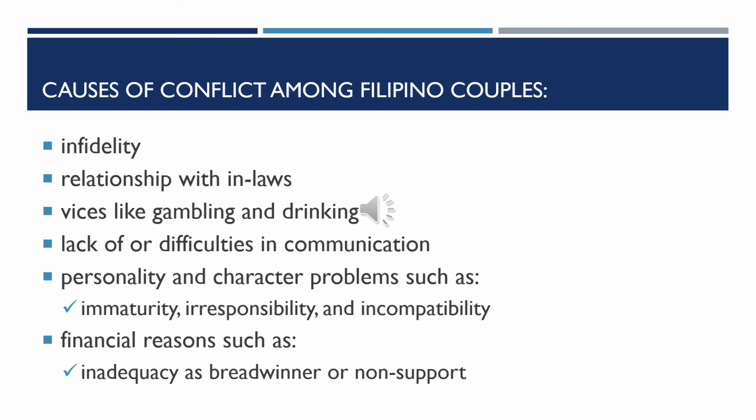Then, personality and character problems such as immaturity, irresponsibility, and incompatibility. Hindi kayo compatible, no? Or bata yung isa sa inyo, no? Yung isa ayaw ng responsibilidad. Then, financial reasons such as inadequacy as breadwinner or non-support.